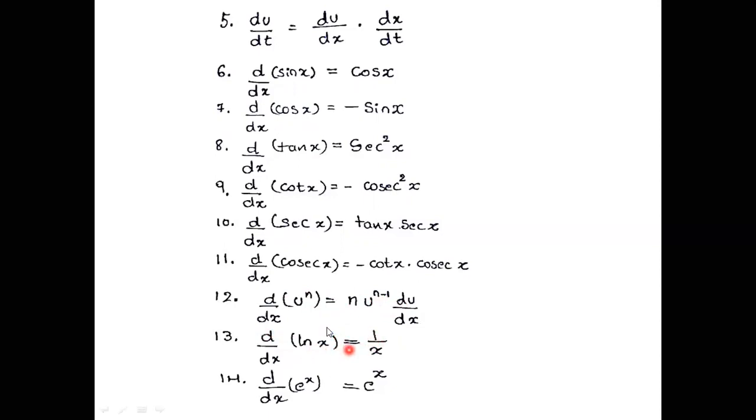Next, differentiation of the exponential term e raised to x will be equal to e raised to x. Okay. These are some differentiation formulas which you are going to use in the coming classes. Okay. Thank you.